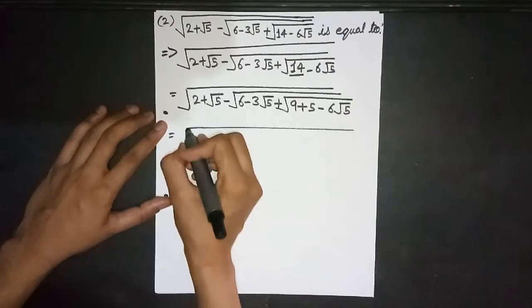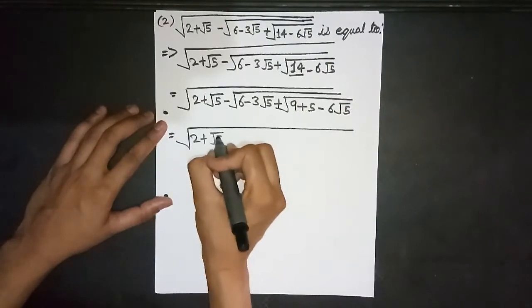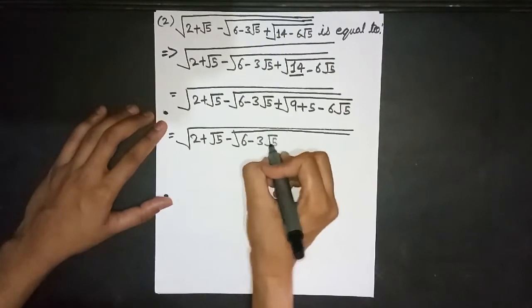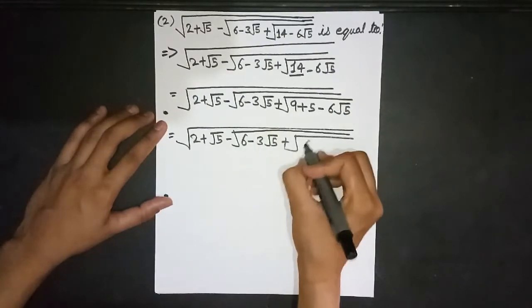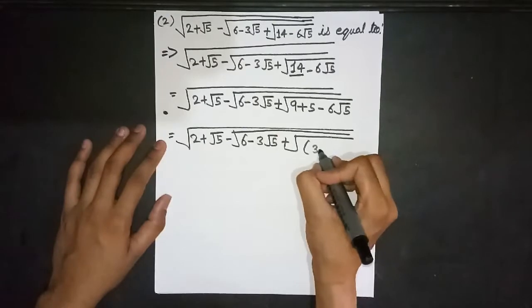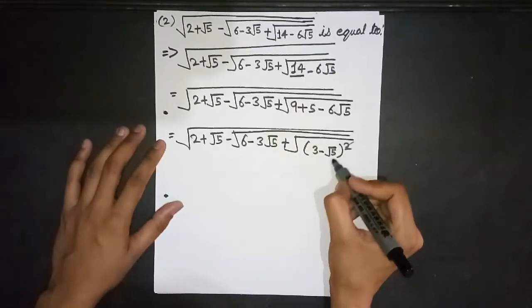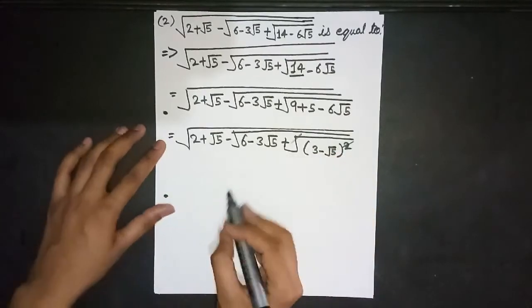So this is a perfect square now. So let's write under root 2 plus under root 5 minus under root of 6 minus 3 under root 5 plus under root of (3 minus under root 5) whole square. So this will get cancelled, under root and square, right?